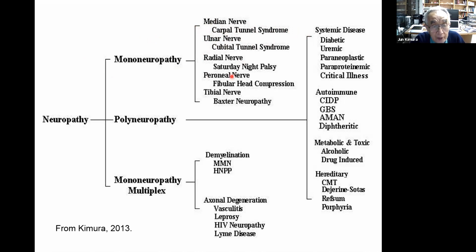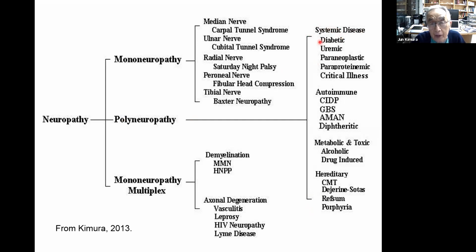In contrast, polyneuropathy, poly means all of them. So all the nerves are affected. And there are many different categories of polyneuropathy. Most common is the one associated with systemic disease, like diabetic. And in fact, diabetic polyneuropathy probably constitutes about 30% of my clientele.